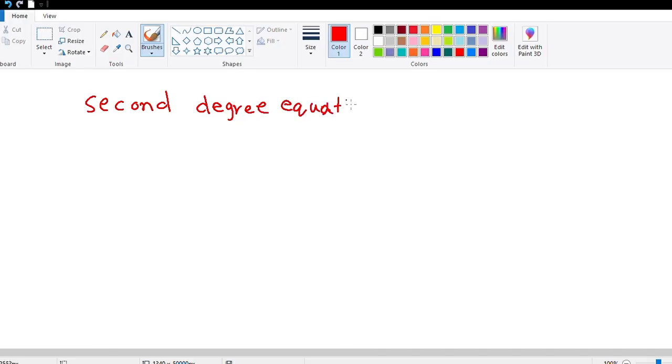So a quadratic equation is also called a second degree equation, in case you didn't know that. I mean, just telling you. Okay. So next we have, let's move a bit more down. Let's write down. Next we have pure quadratic equations.